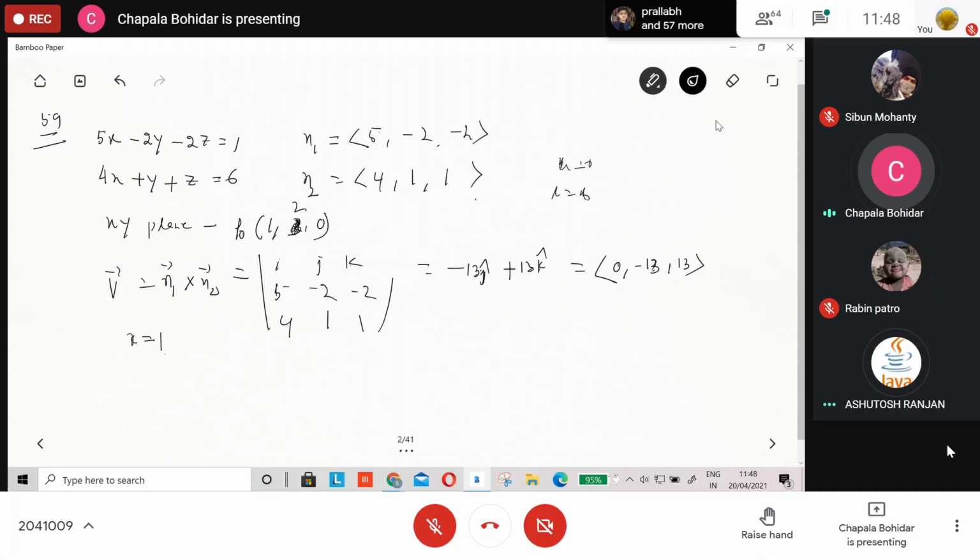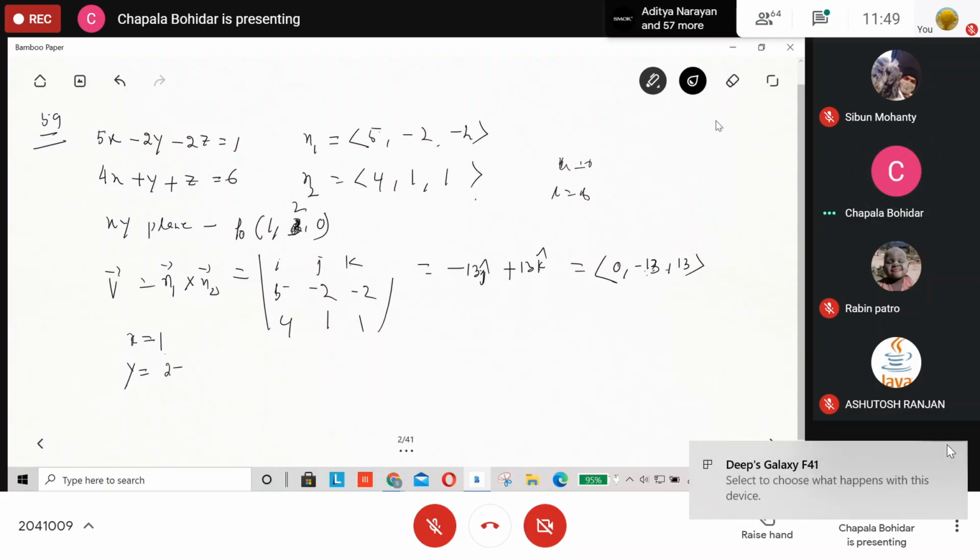Then y is equal to 2 minus 13t, since your v component is minus 13.